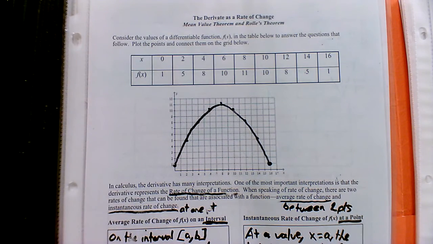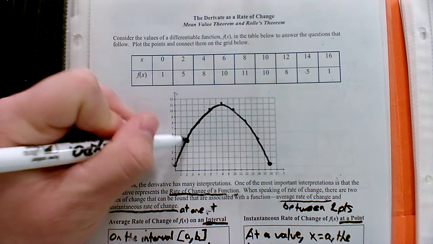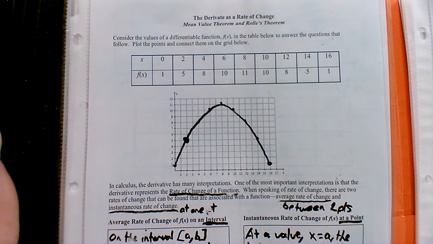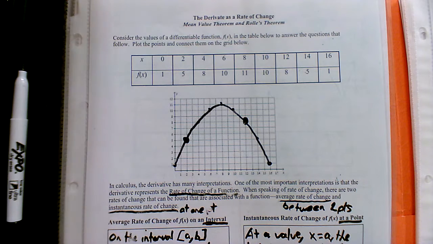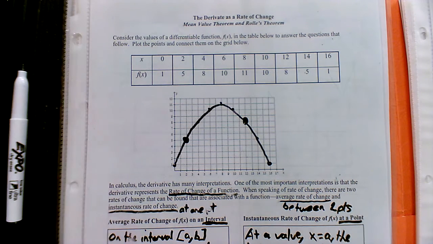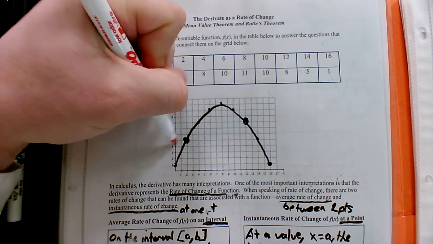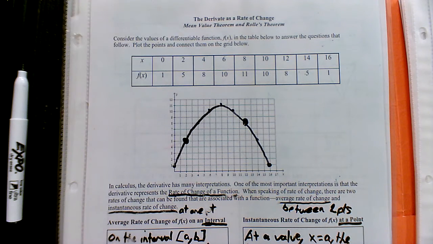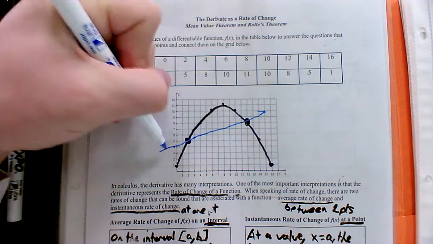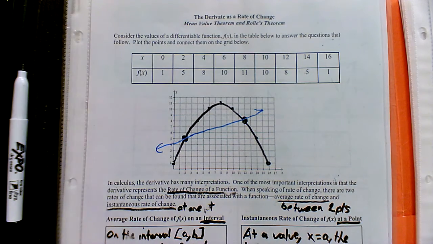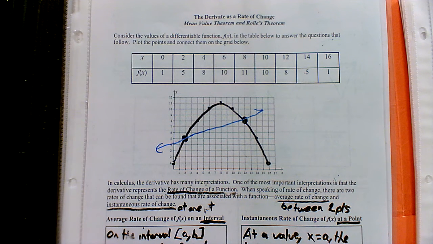So if we go ahead up here at our points, that'd be 2, 5. So that's this point right here. And 12, 8, which is this point right here. And I'll try a different color. Some of these markers aren't working well. Okay, so we have that secant line there. We know the slope of that secant line we found was 3 over 10 down below.